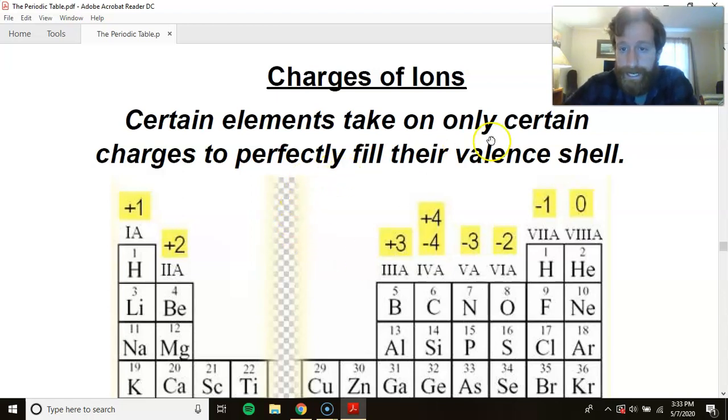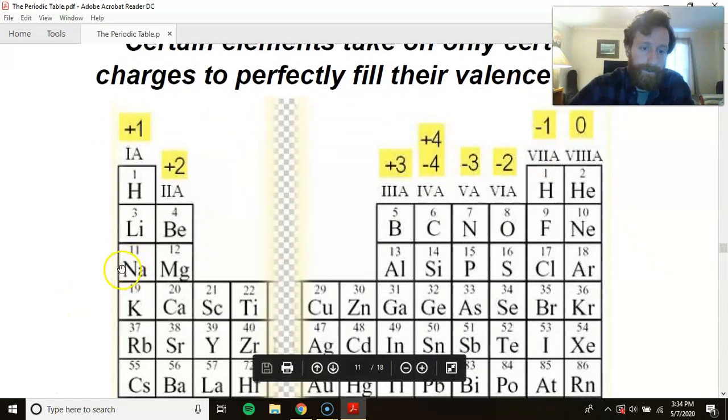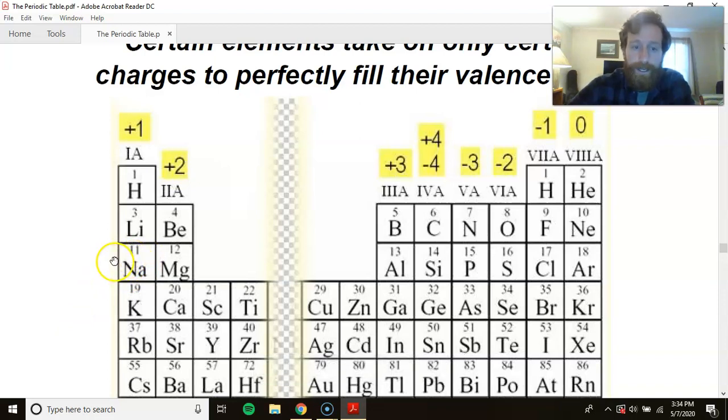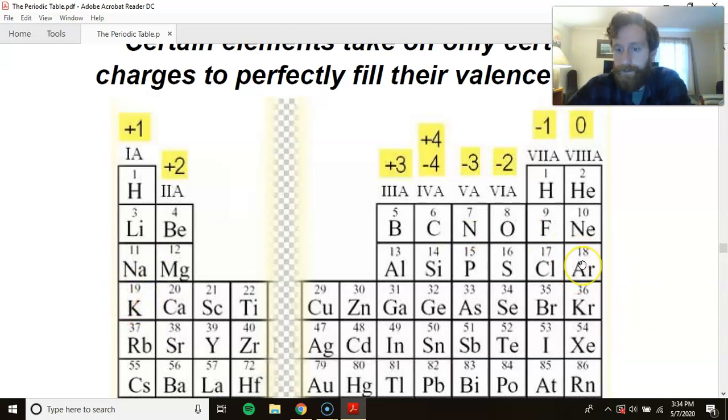So certain elements take on only certain charges to perfectly fill their valence shell. Like we just talked about with sodium, it's got 11 electrons. If it loses 1, it's got the same electron configuration as neon. Same's true with, say, potassium. If it loses 1, it's got the same electron configuration as argon, basically going 1 step back in the periodic table.